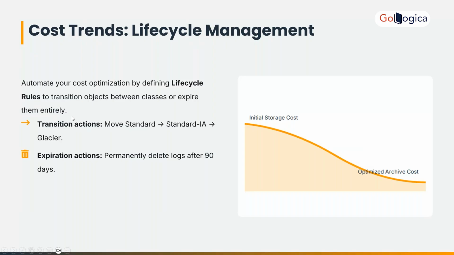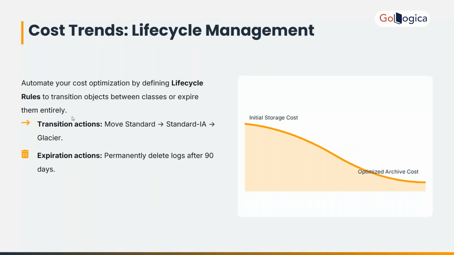Now, this lifecycle management is different from Intelligent-Tiering. With Intelligent-Tiering, it is a storage class that we can select and it will do everything automatically for us. But here we have another option, that is the lifecycle rule.